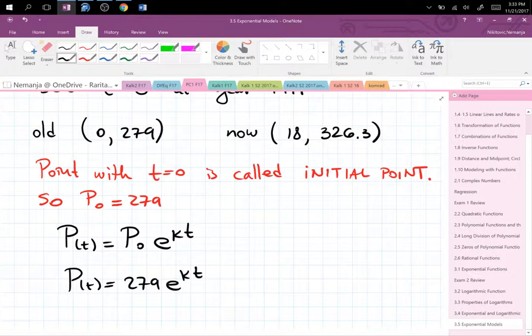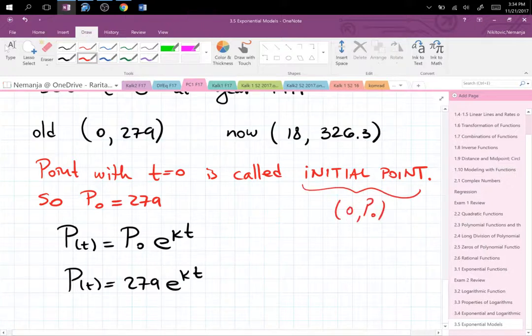So as soon as we pick the point with the lowest year, which is 1999, as the initial, immediately you have the P0. So the initial point is going to be 0, P0. Whatever has 0 for time is going to be your initial point, and then the number that you have for y is the initial mass, initial population, initial amount of money, right?